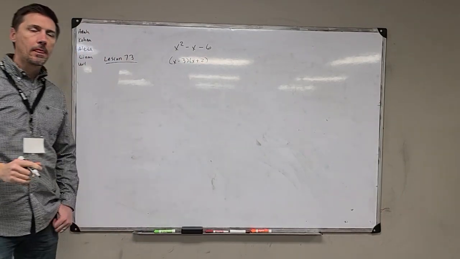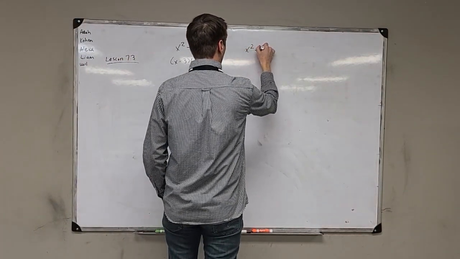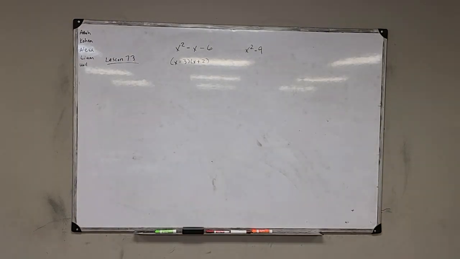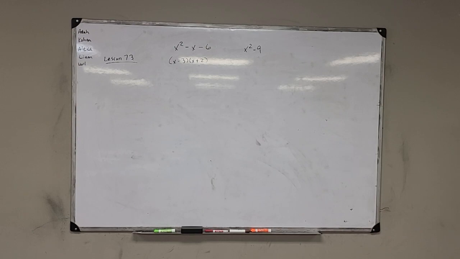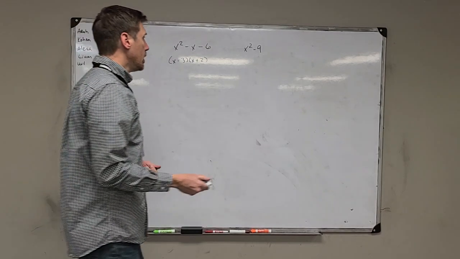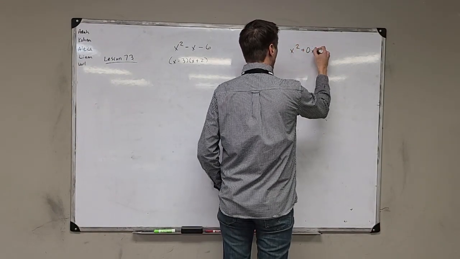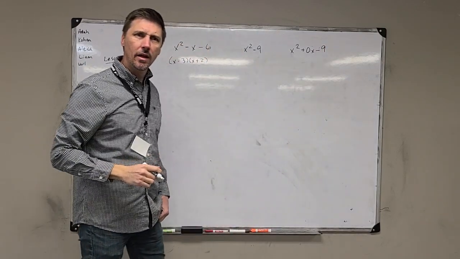We've done that. But sometimes you'll see a problem that looks like this. And you're like, well, I'm not sure. Well, actually, you do know how to do this. If you think about this trinomial like this, x squared plus 0x minus 9. Did you guys do that?